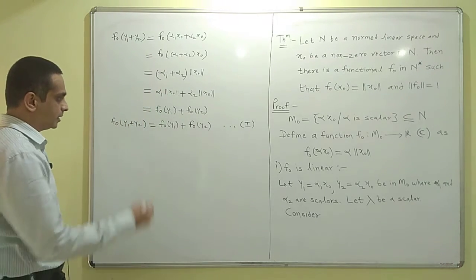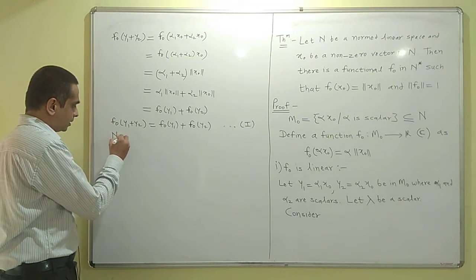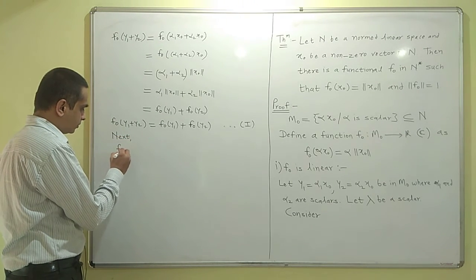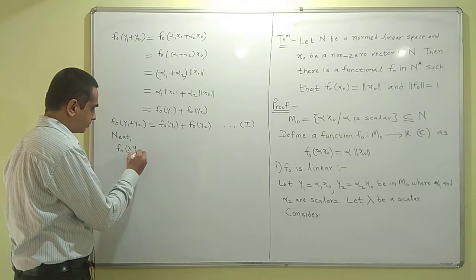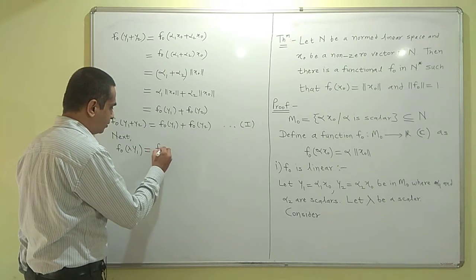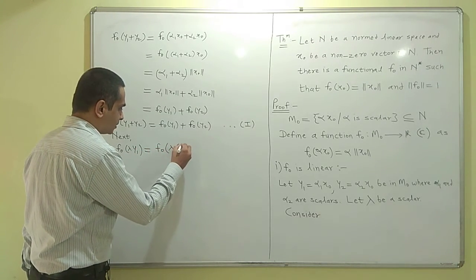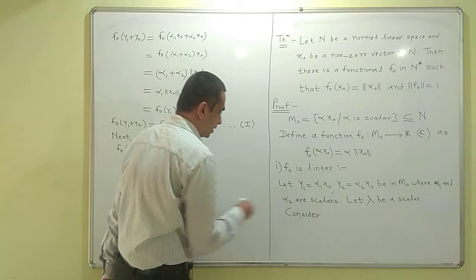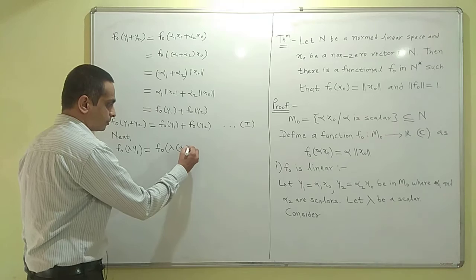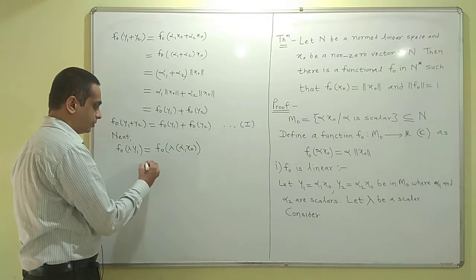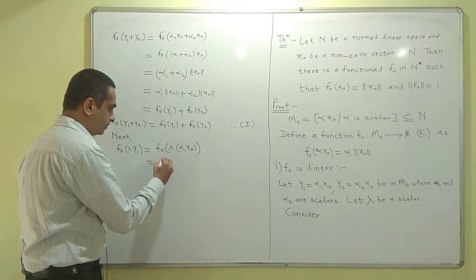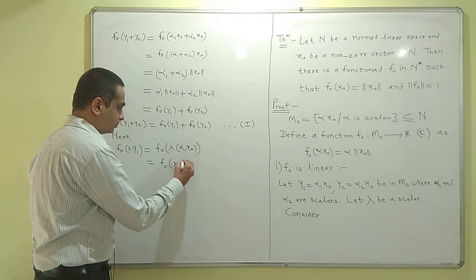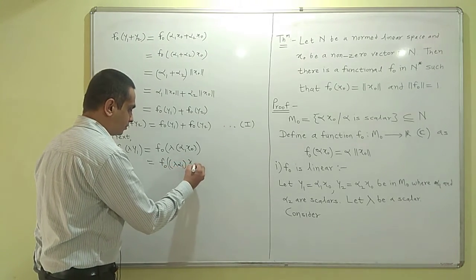Next we consider f0 of lambda y1. This is equal to f0 of lambda times alpha 1 x0, since y1 is alpha 1 x0. So this is equal to f0 of lambda alpha 1 x0.